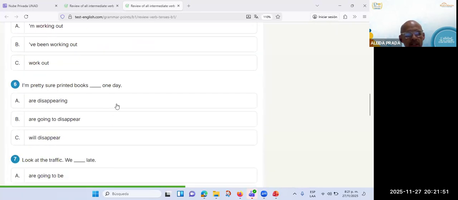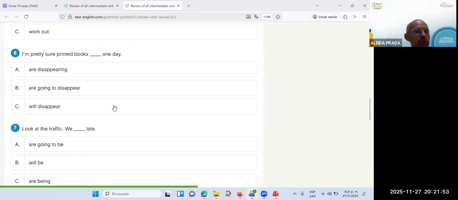Number 6, John. I'm pretty sure printed books are disappearing one day, are going to disappear one day, or will disappear one day. And here, we have simple future, will disappear, the auxiliary will and the verb disappear.